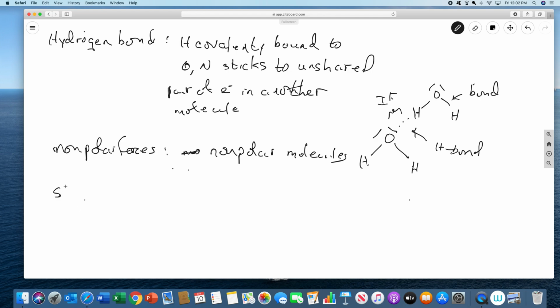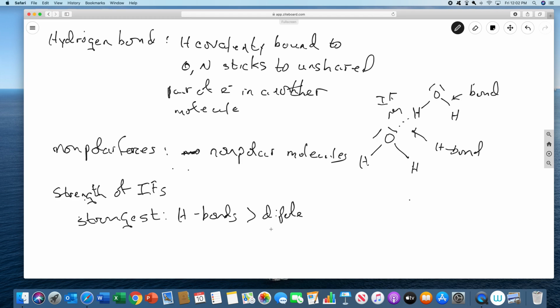So the strength of intermolecular forces, the strongest are hydrogen bonds. Then dipole-dipole. Dipole-dipole covers a lot of ground because they can be very, very strong dipoles, or they can be very weak dipoles, and then nonpolar.